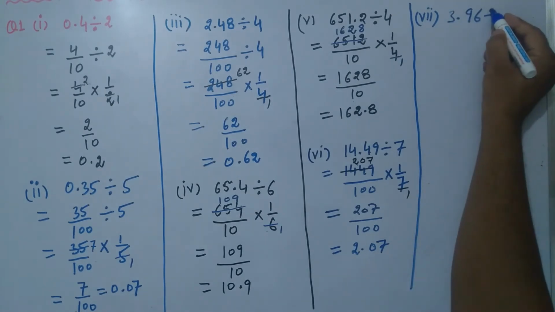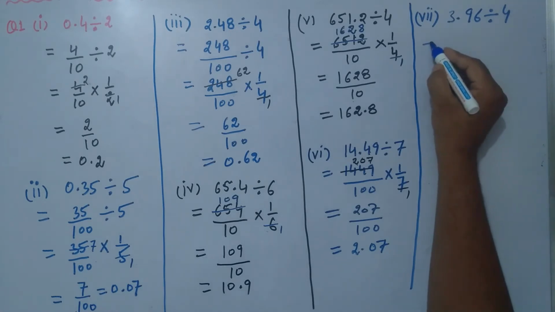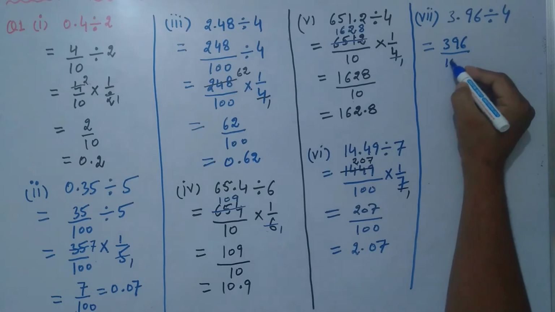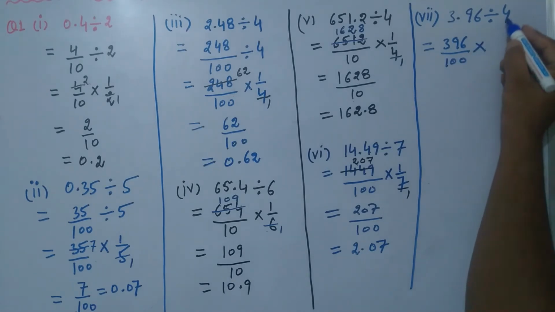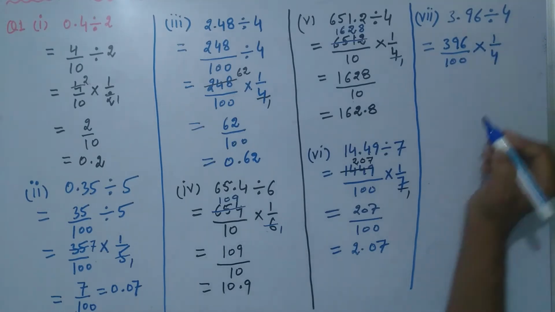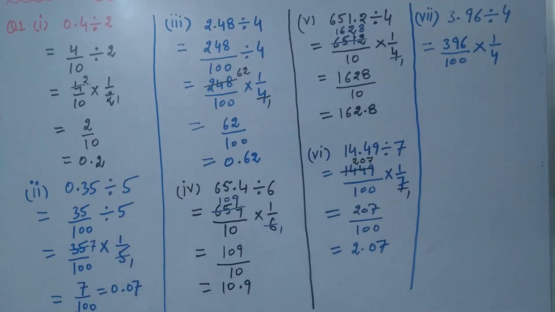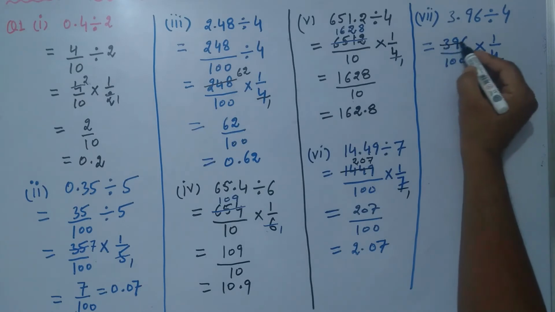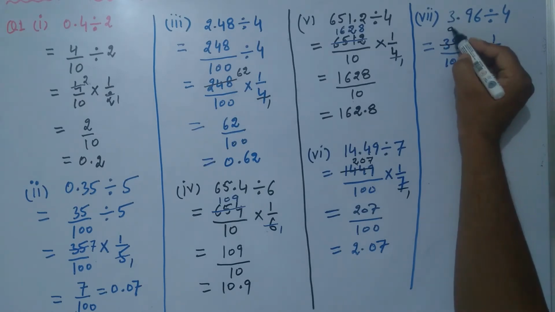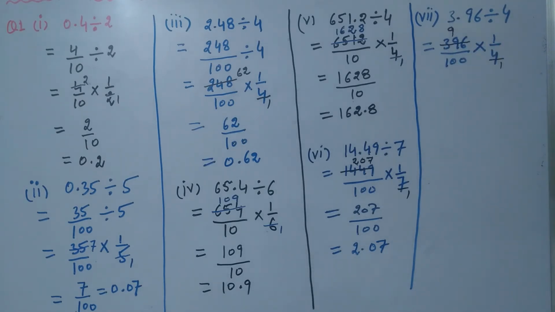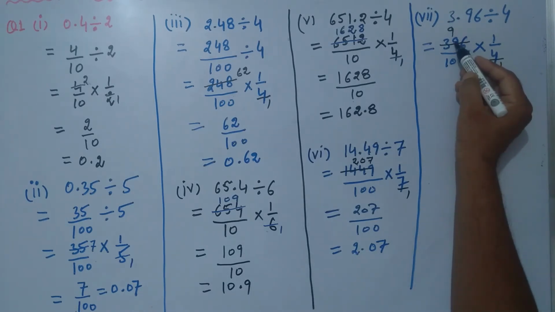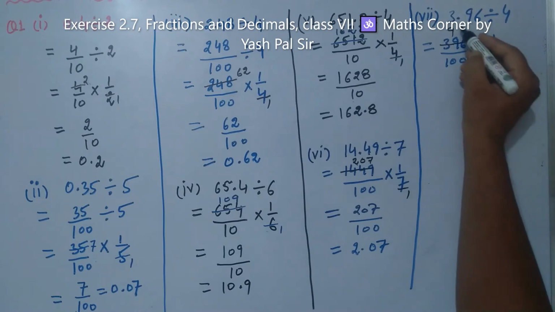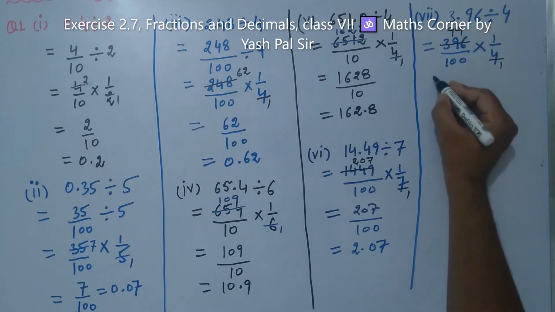Now coming to the next part, seventh part, we have 3.96 divide 4. This means 396 divide 100 into 1 upon 4. So cancellation will be 4 ones are 4, 9 fours are 36, 3 is left, 3 sixes are 36, 9 fours are 36.